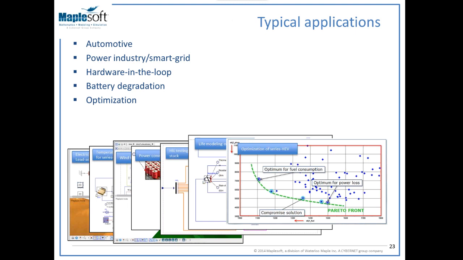Because the battery components in MapleSim are very efficiently described, and they're also based on very fast code, they are very suitable for optimization processes. Optimization processes usually require the same model to be executed thousands of times in thousands of iterations, and the battery components in the MapleSim Battery Library are very suitable for optimization purposes.